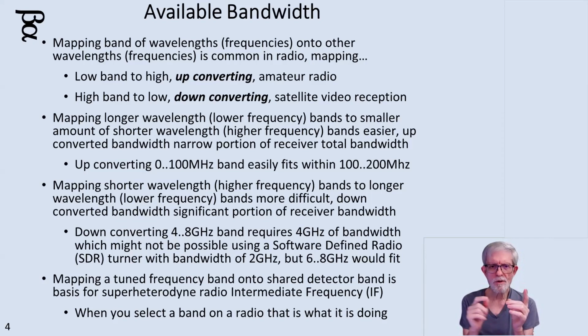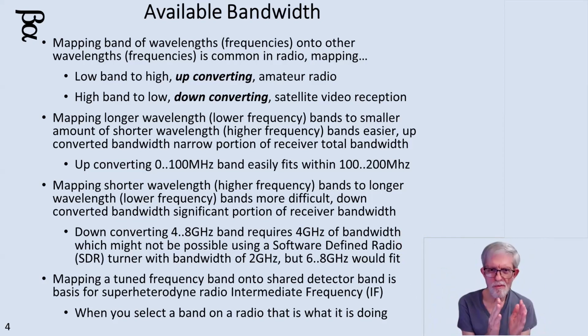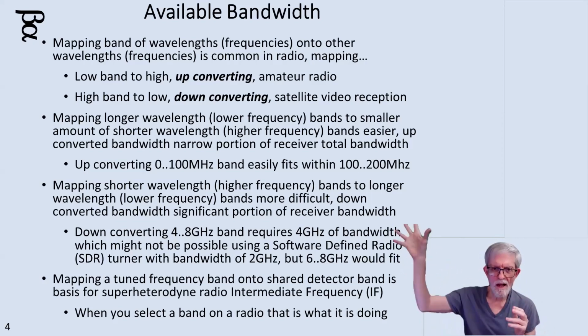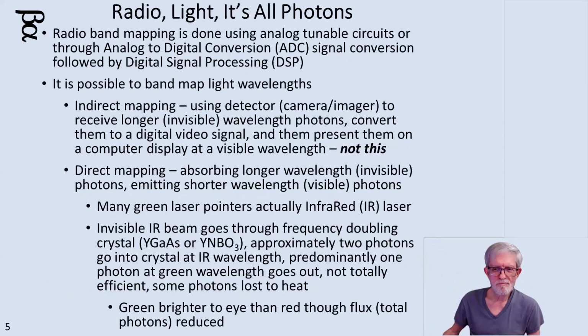And then if you want to tune to shortwave 1 or shortwave 2 or whatever, it has chokes that will tune to whatever band you want, and will take shortwave 1 and squeeze it into the intermediate frequency band that the radio can actually tune on. So you've already got existing radio technology that does this squeezing of radio bands to fit within a common tuner. Same sort of thing. We're just going to do it with light.